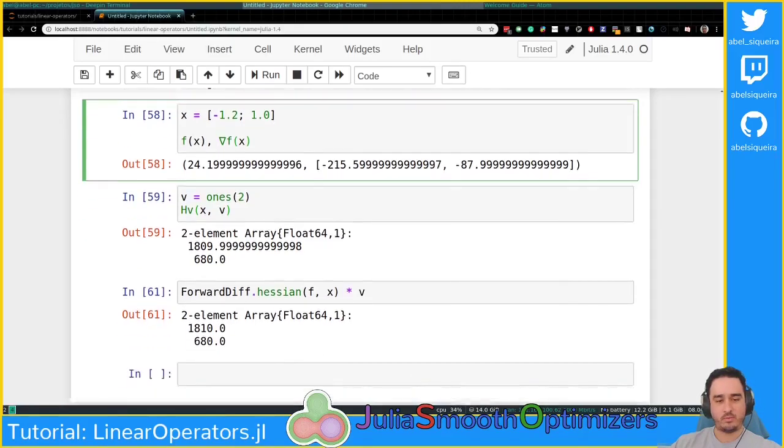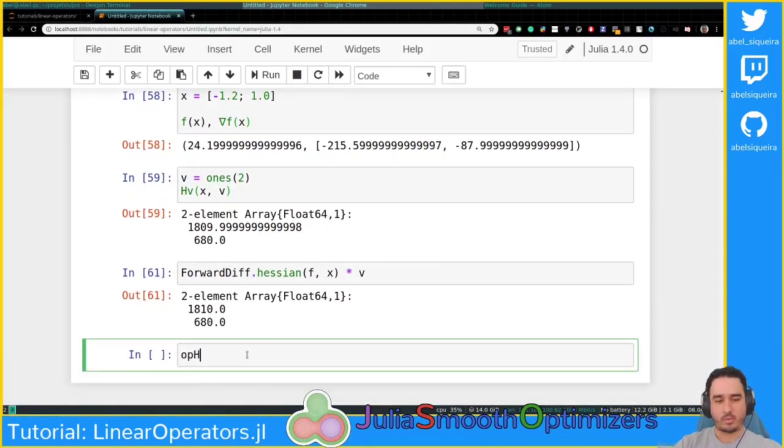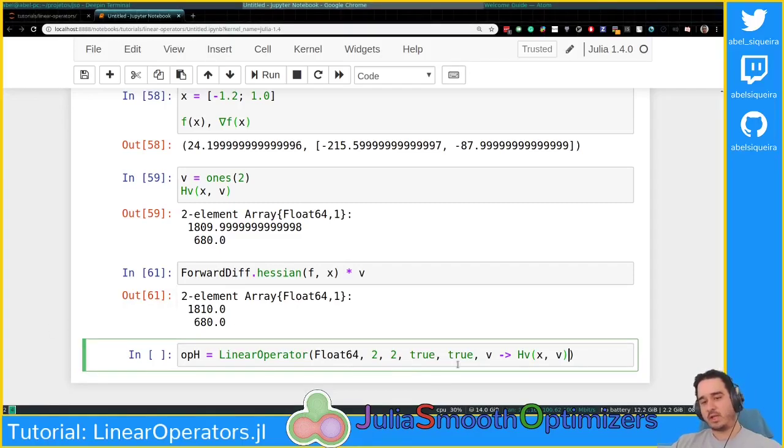I have an operator H, which is a linear operator with size 2, 2. It is real, symmetric and Hermitian, and only has one thing that we care about. Notice that in this case, I have an x here, so this will be fixed at my current point.